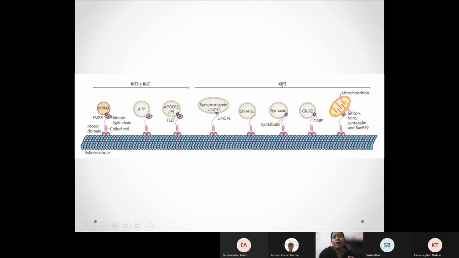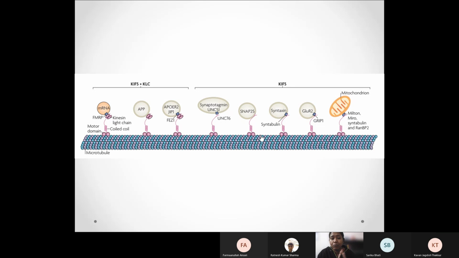In other cases, you could have an adapter protein that comes in between, and then that can bind to an organelle, say mitochondria, and therefore, in this way, the kinesin can then transport this mitochondria on a microtubule track. Or it could be a direct connection. There might not be a light chain or an adapter protein, and the C terminus can itself bind to the cargo and carry it. So there are multiple ways by which kinesins can do it.